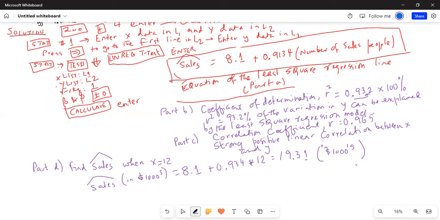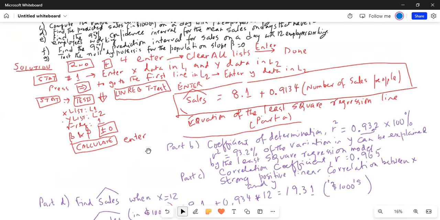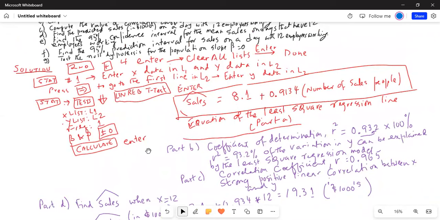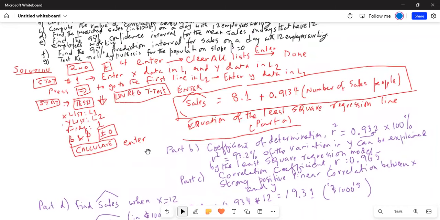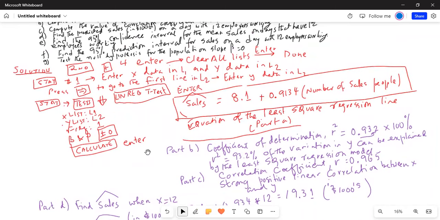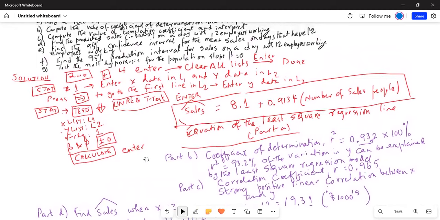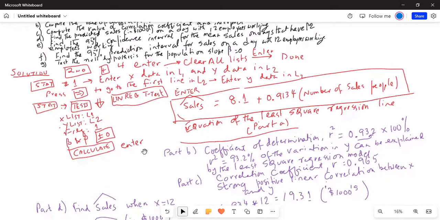Now we have to find the confidence interval. So if I move this a little bit down, part E: find the 95% confidence interval for the mean sales on days that have 12 employees working.